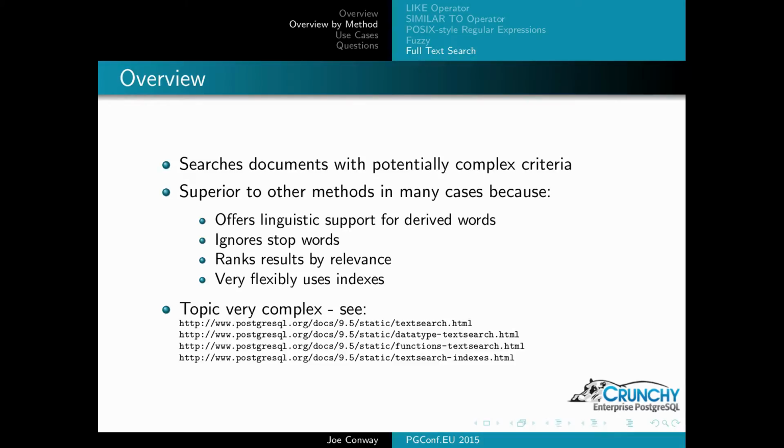It is a very complex topic. I've given you links to some of the main things in the documentation. It makes use of what are called dictionaries for some of what it does. Postgres ships with some standard dictionaries, but you can actually create your own custom dictionaries to make special stop words or special types of stemming that don't exist outside of your application.